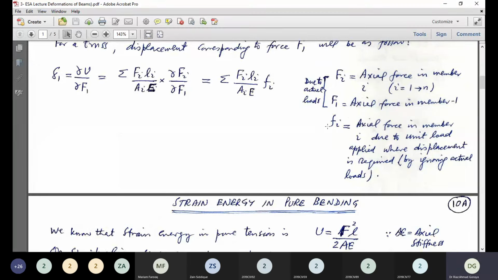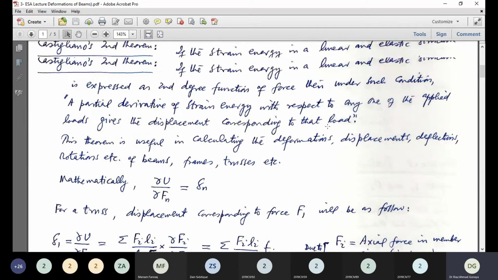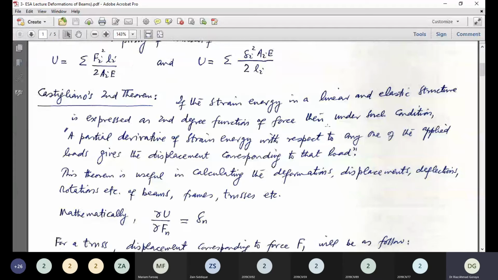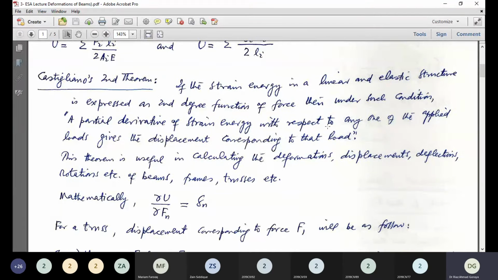Whereas small fi is the axial force in member i due to a unit load applied where displacement is required, ignoring the actual loads. Its application will come ahead, so don't worry about that. So I think the basic theme of strain energy and Castigliano's second theorem is understood.